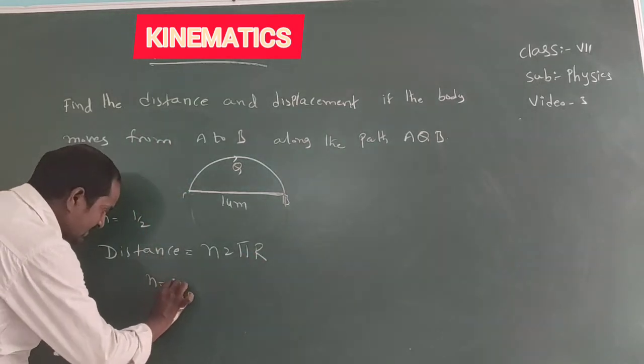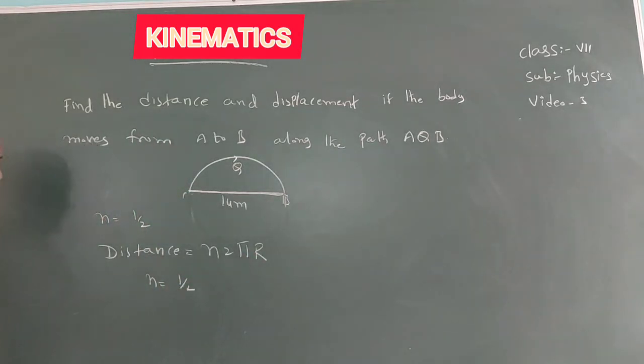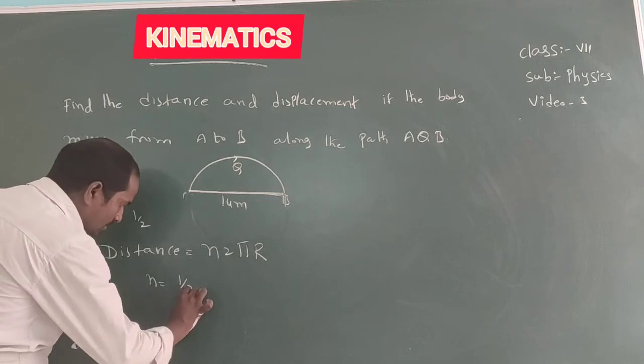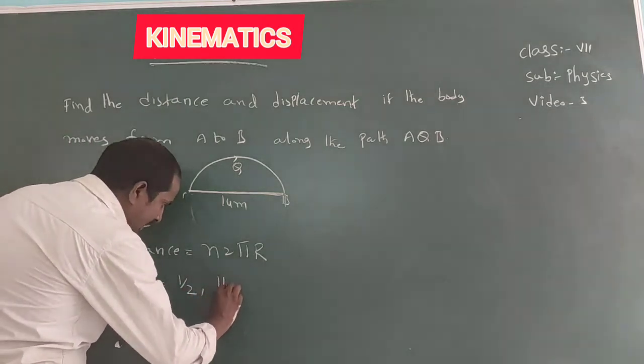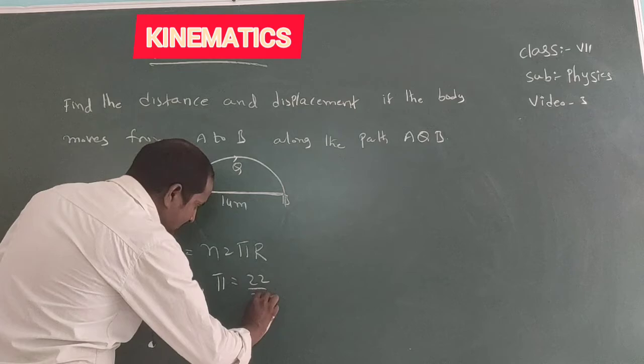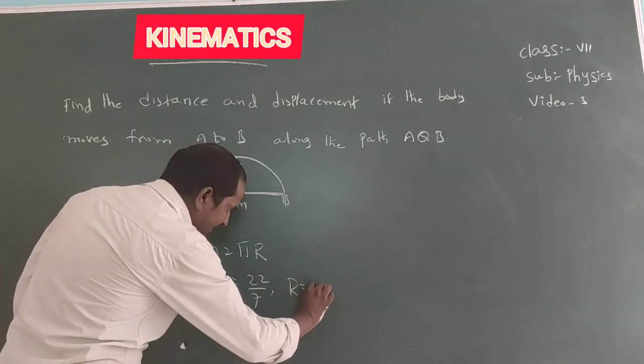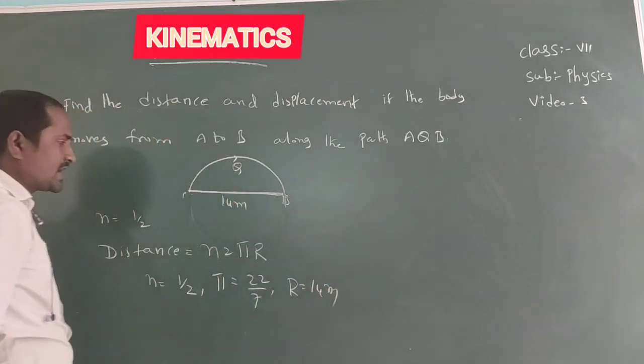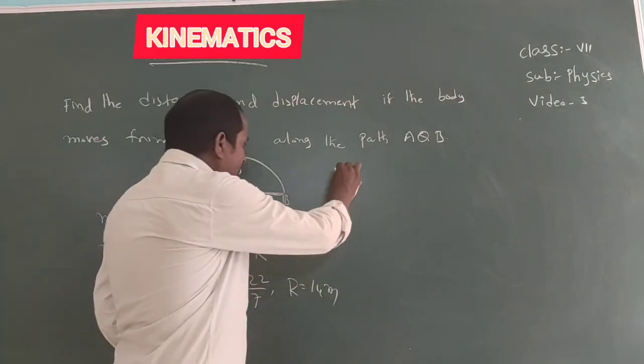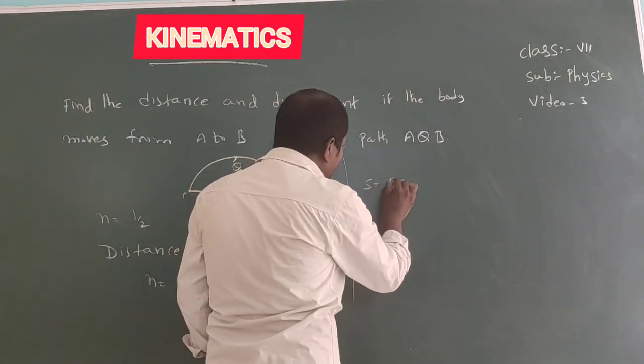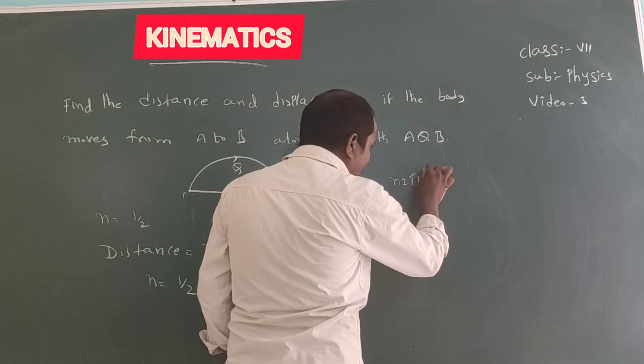Here n is given: semicircle means half circle, 1 by 2 times. Here n equals 1 by 2, pi equals 22 by 7, and radius r is given, that is 14 meters. Therefore, distance s equals n into 2 pi r.